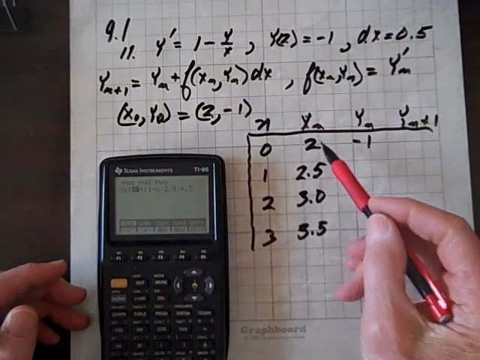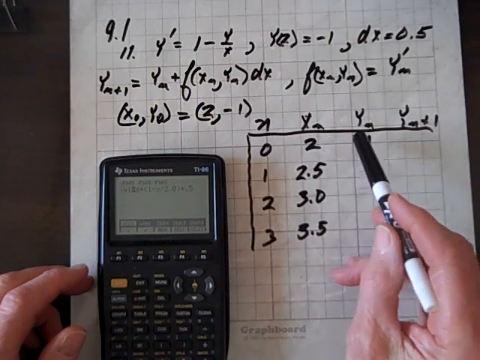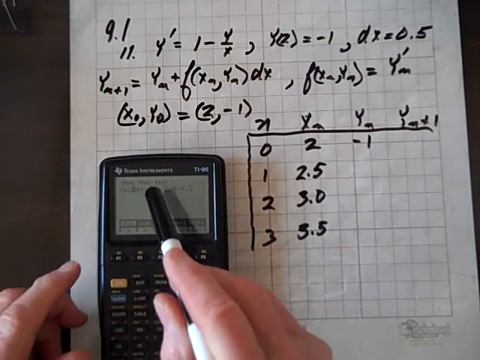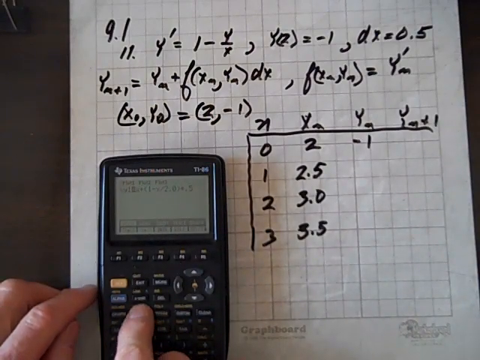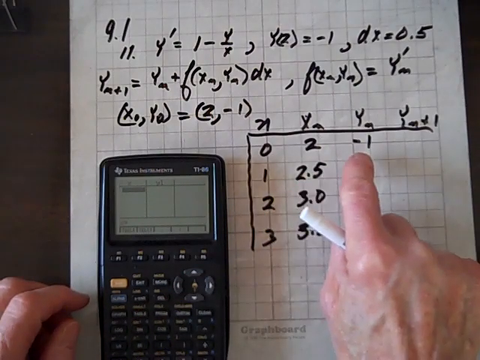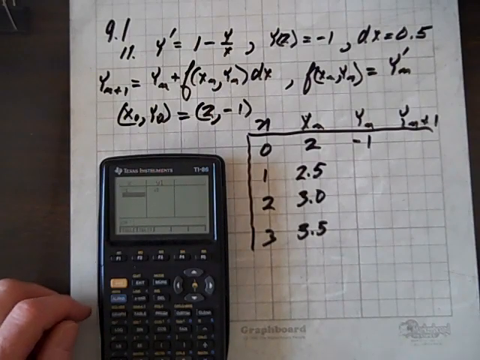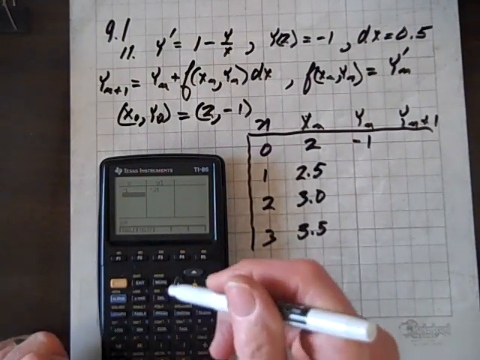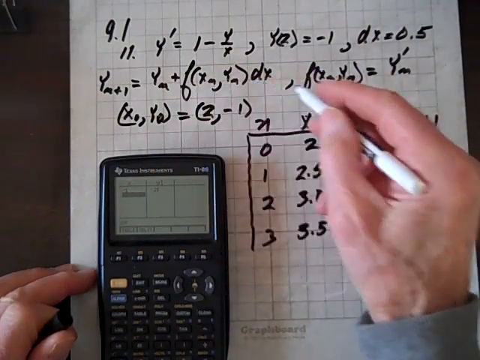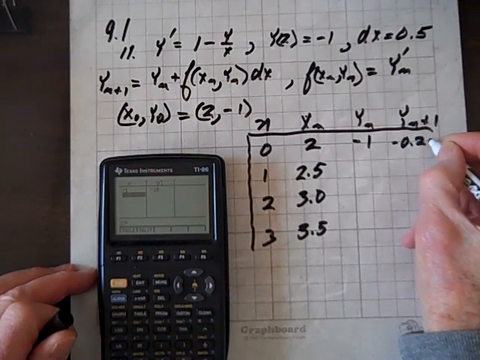So I've got it set up for the first set of values, where x is 2, and I'll go to table first, enter the value I want, and my y value is negative 1, so I'll put in a negative 1, and I get my next y value, according to this formula, will be negative 0.25.